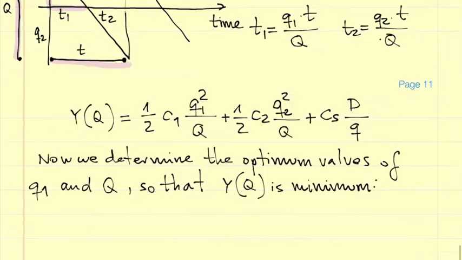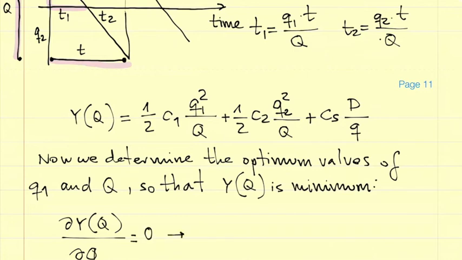So in order to get the minimum, we make the partial derivative of the function with respect to Q1 equal 0.